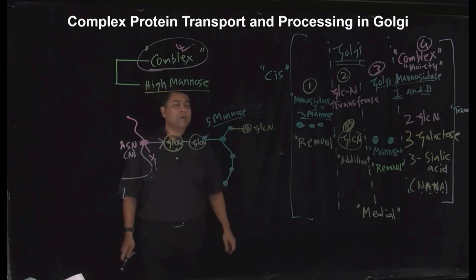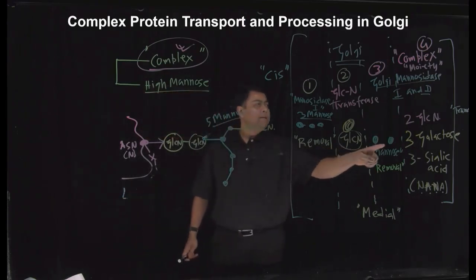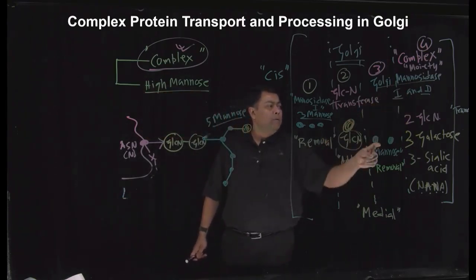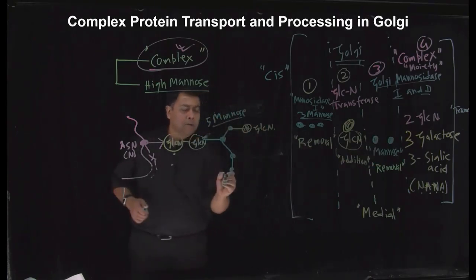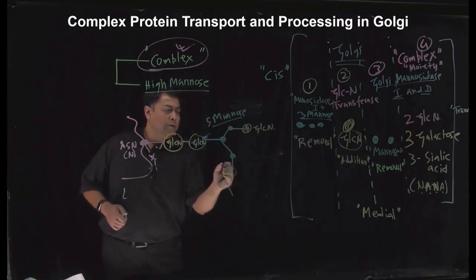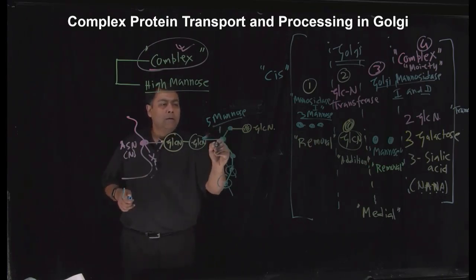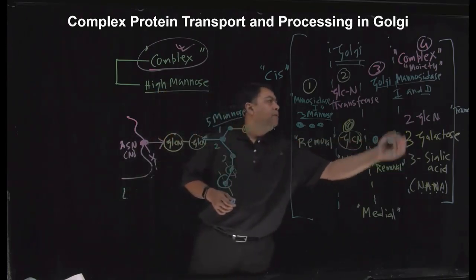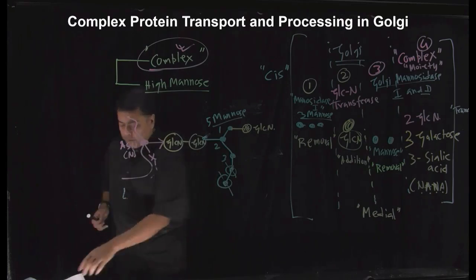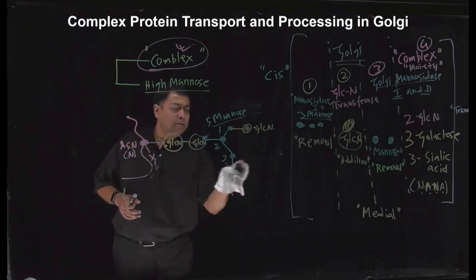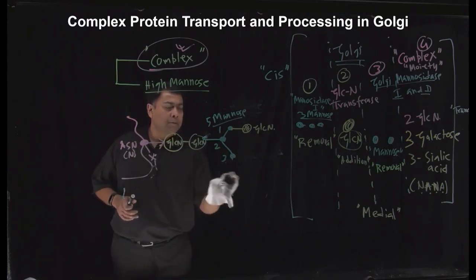And then step by step, Golgi mannosidase 1 and 2 will remove 2 of the mannose. So this mannose is gone, this mannose is gone. It will be left with 3 mannose, 1, 2, and 3 after this step. Which is basically this structure with 3 mannose.